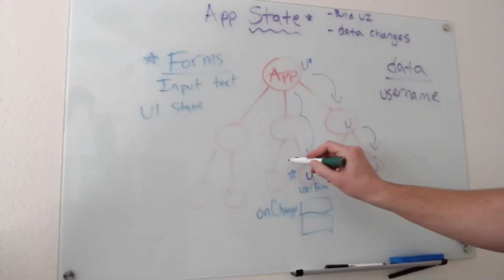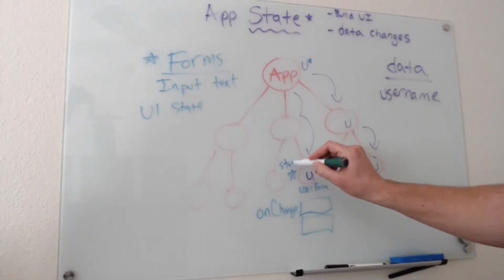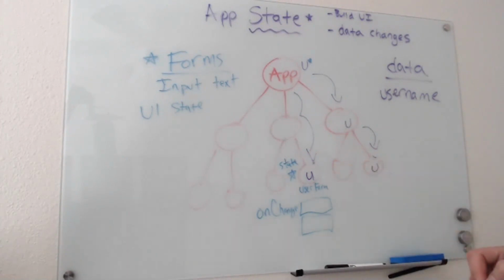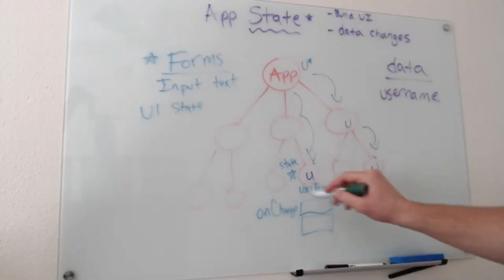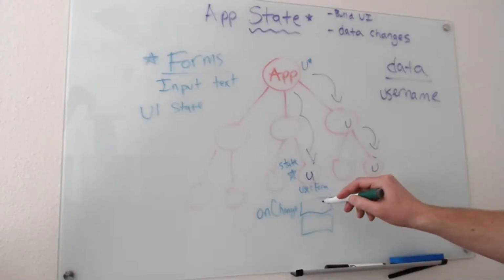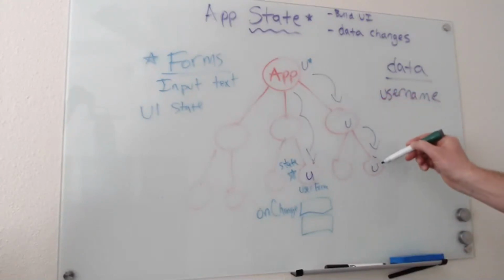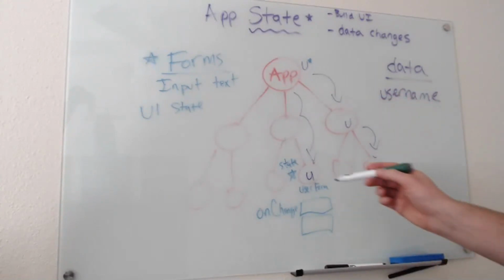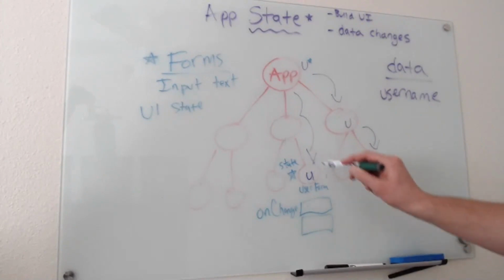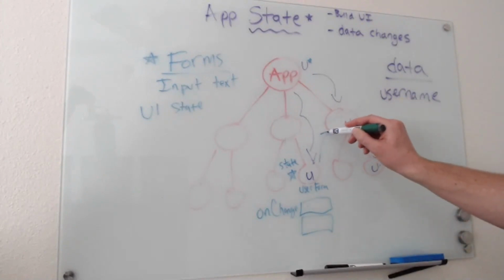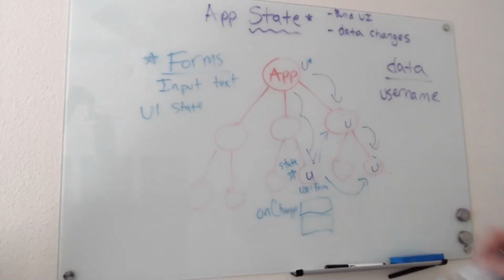So now this has some state in it. But this form state, if this was the form to change our username, but our username is displayed here and here, well, now we're managing state somewhere down here that can't pass state changes to other parts of our application.